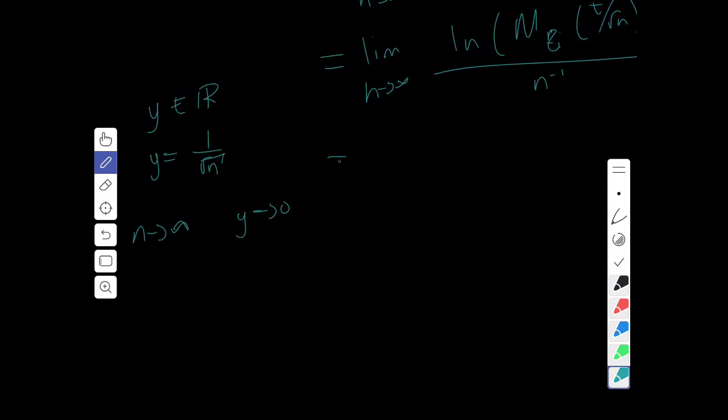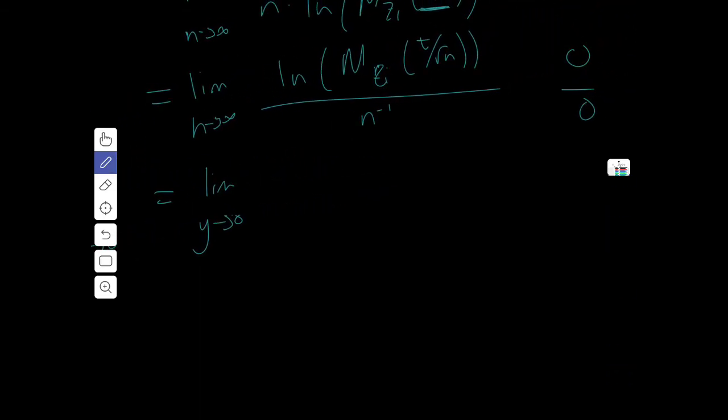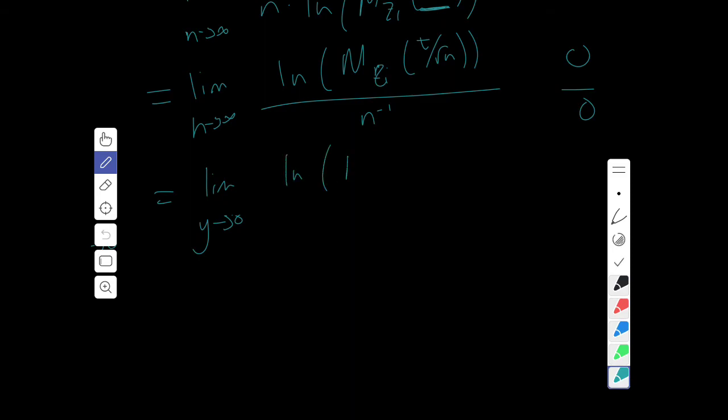So now we can rewrite this limit as y goes to 0. Sorry, I know my handwriting is getting worse. The natural log will stay the same, and the moment generating function stays the same.